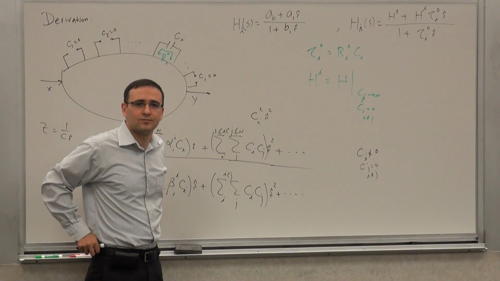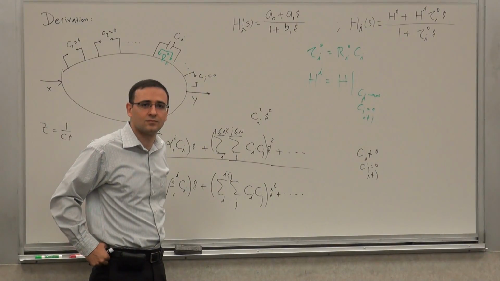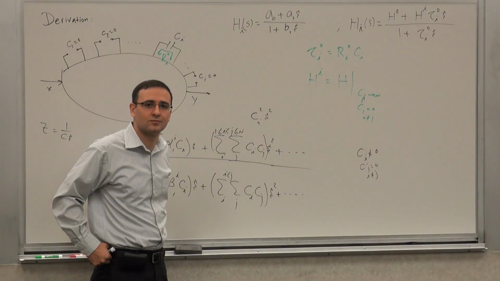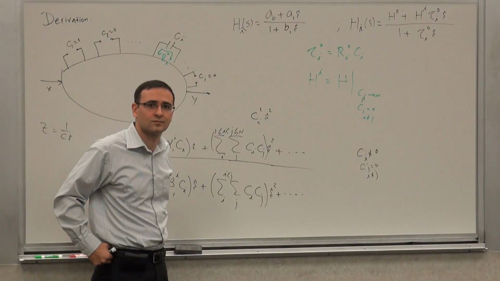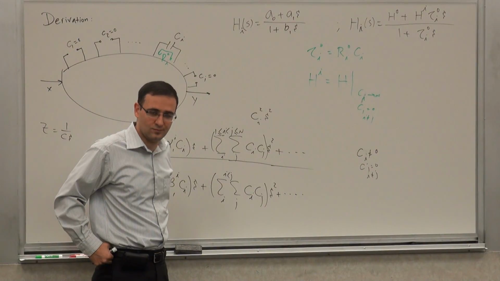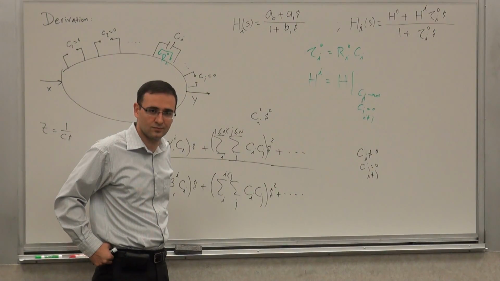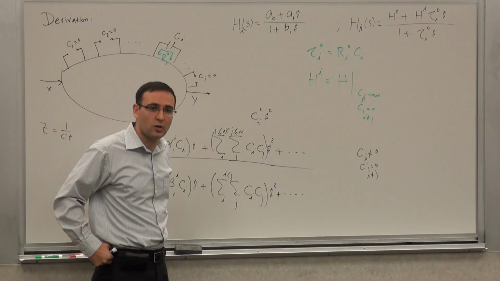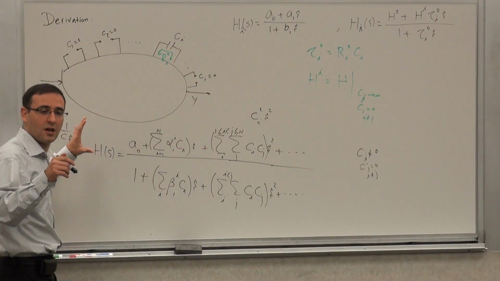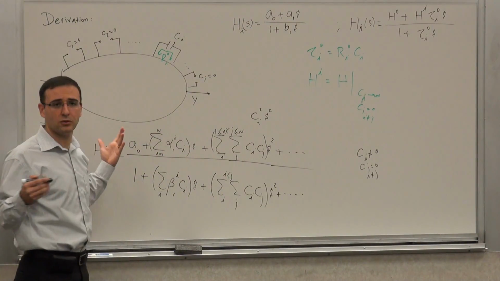I may doubt that, because maybe in an nth order system, when I have multiple capacitors, a second order Ci may appear. But this should be valid for any value of capacitors.